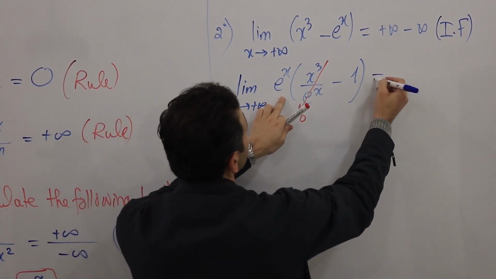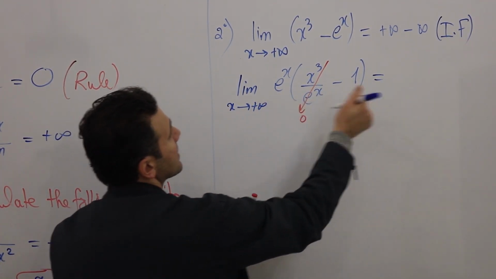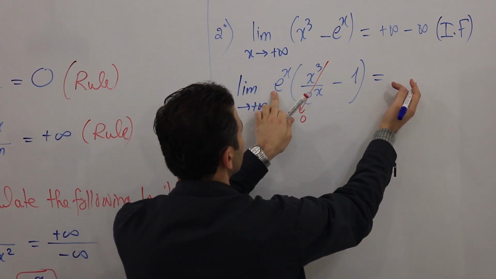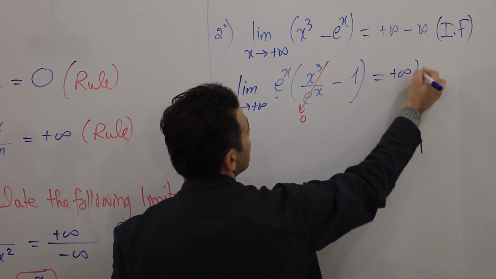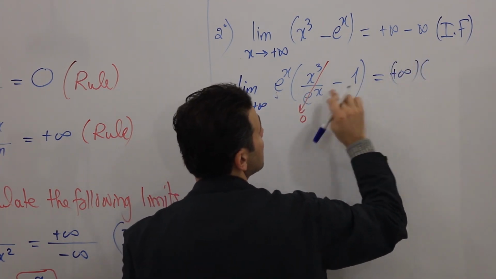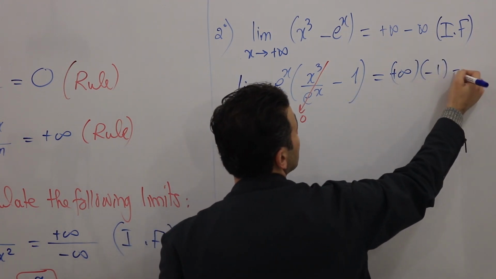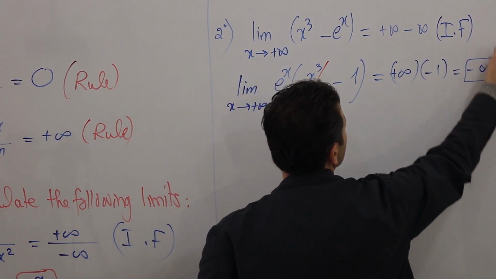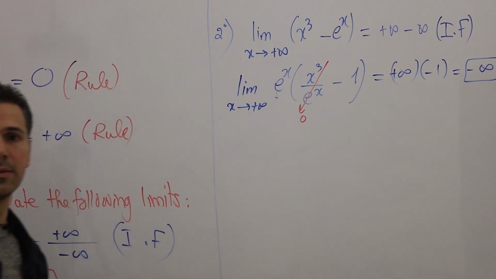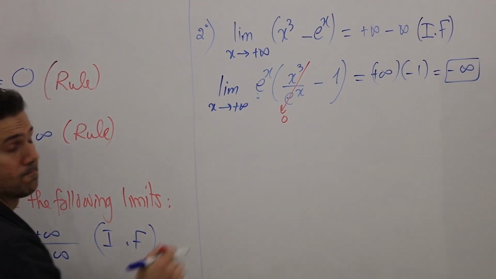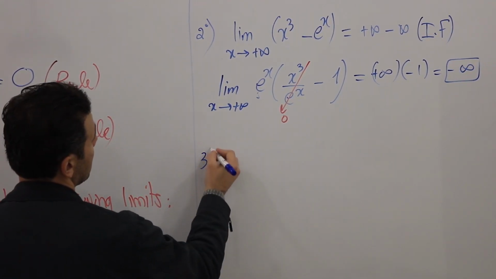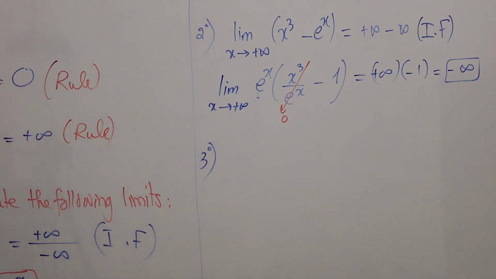So at the end we get the result: plus infinity, e to plus infinity, will be plus infinity multiplied by, don't miss this, 0 minus 1, which is minus 1. This is the last result. Okay, clear? Next limit, we have 2 limits.